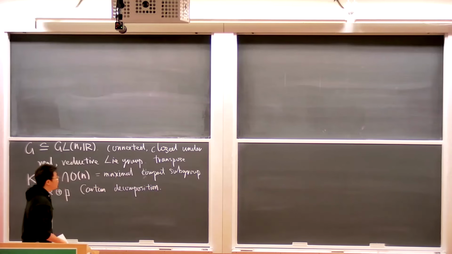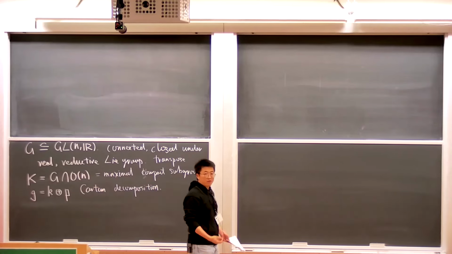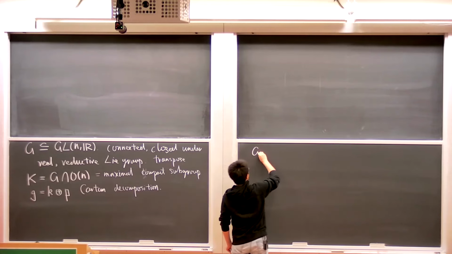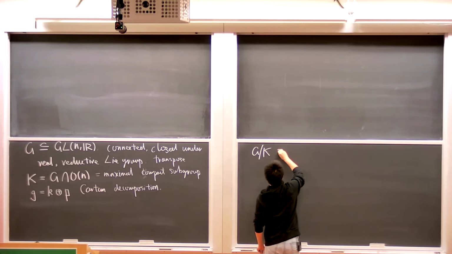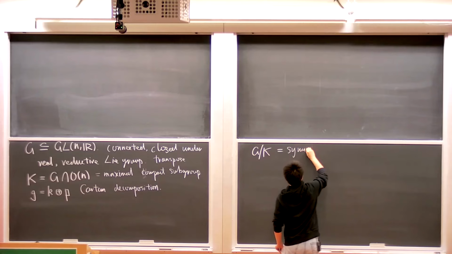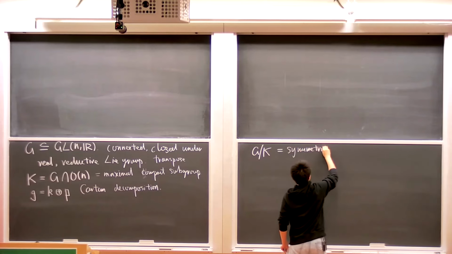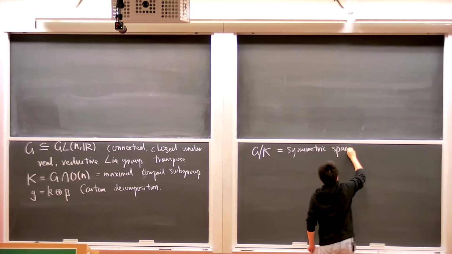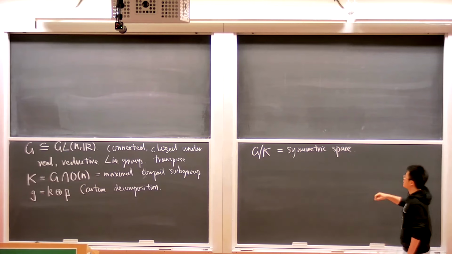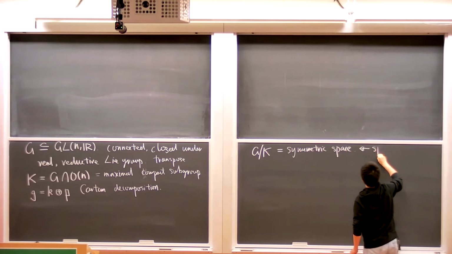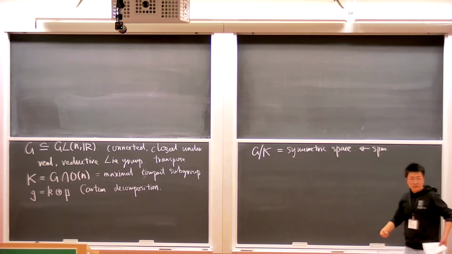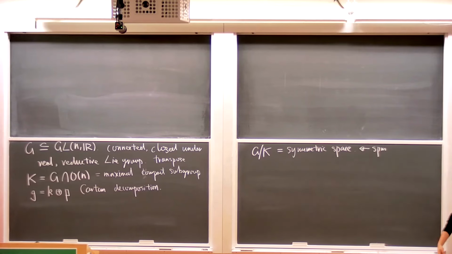Okay, so the manifold I'm going to consider today is something nice. This is G mod K, a symmetric space. We can assume this is spin. Actually, this assumption is not important; it just makes life simpler, because if it is not spin, you can always go to the double cover.